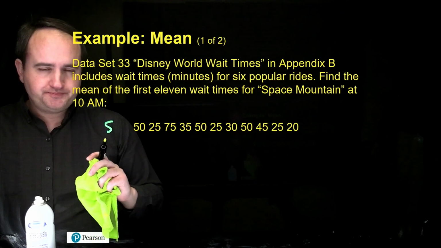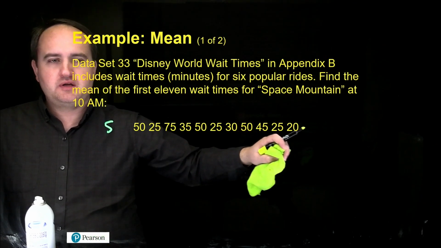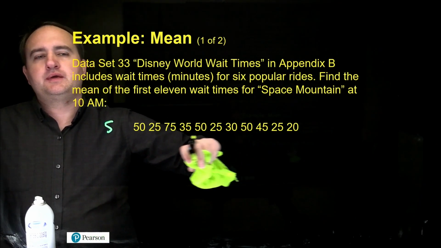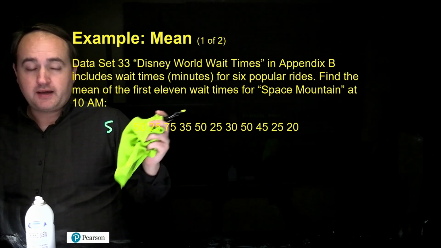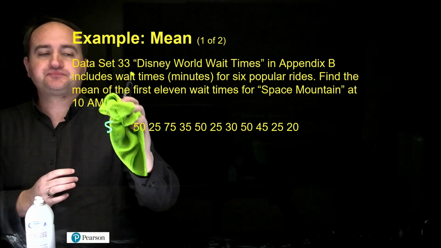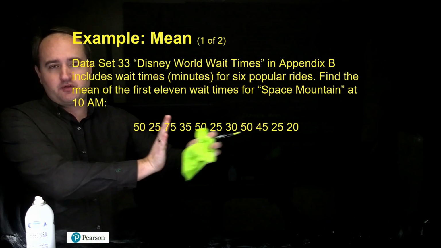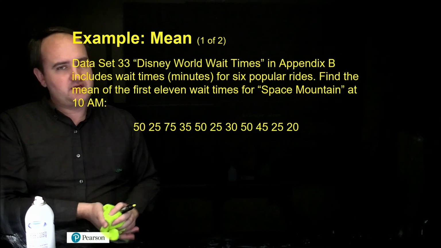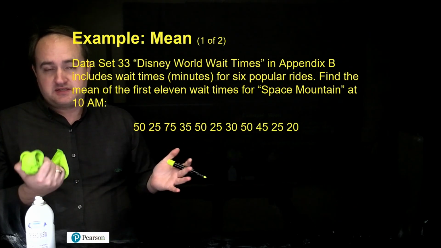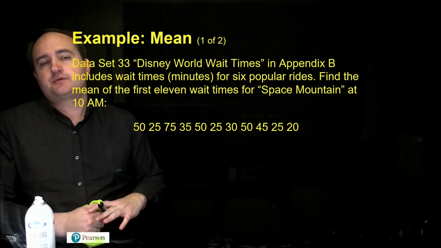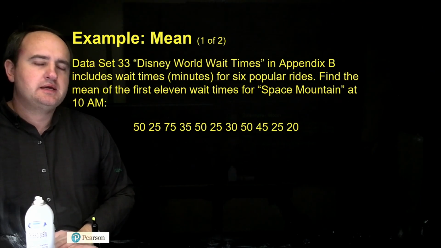So just remember, numbers like 5 or 130 that don't really belong with these other numbers, that are far away, are called outliers. And because the mean includes all the data values in its calculation, it's not resistant to outliers, which is just something to keep in mind.